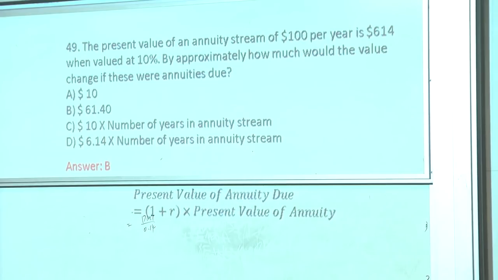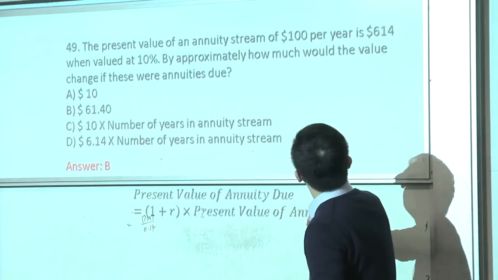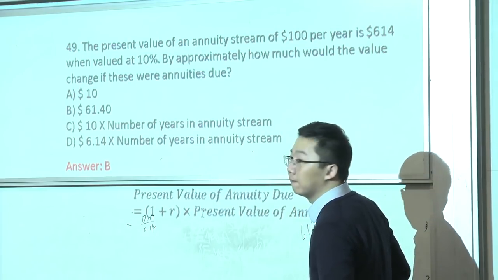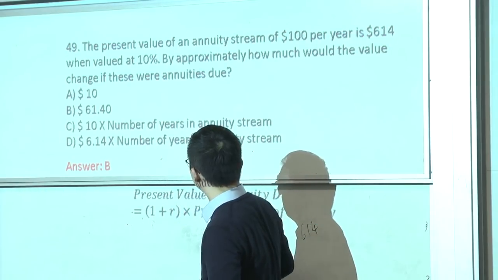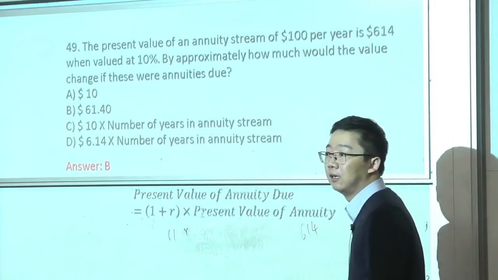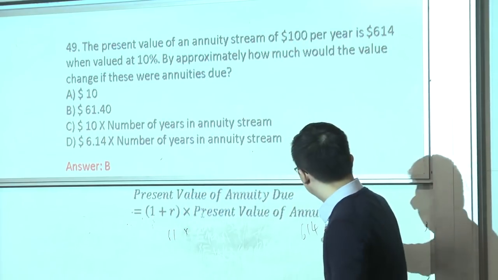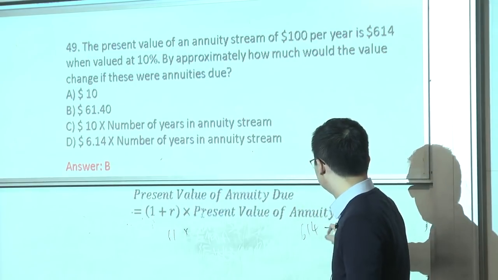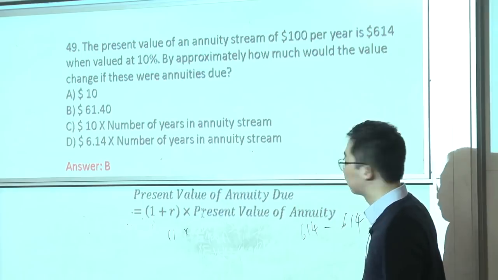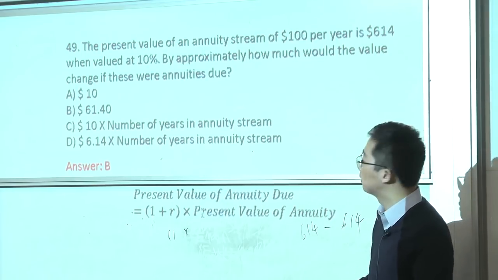So the present value of the annuity due should be 1.1 multiplied by that, and then we subtract 6.14 from that. That's the difference.